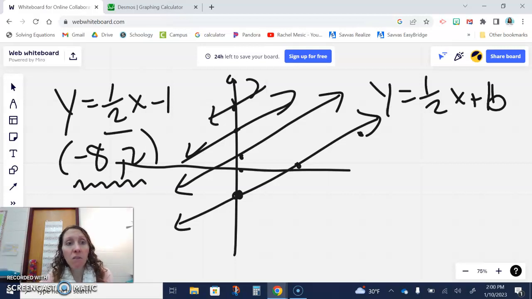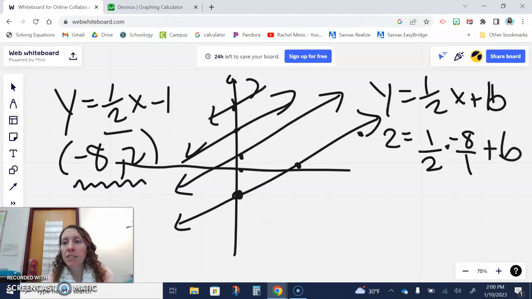Okay, so instead of writing y, I'm going to change that to 2 equals 1/2 times, instead of x, I'm going to write -8, and that's up there in the numerator. If you want to put it over 1, you can, because it's the same thing, and then plus b. Now we have to solve for b to figure out what the y-intercept is.